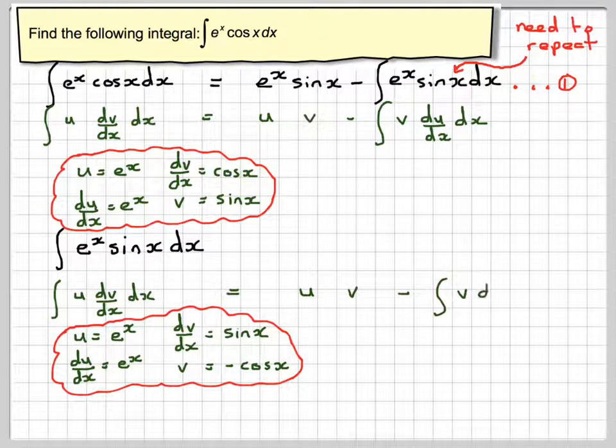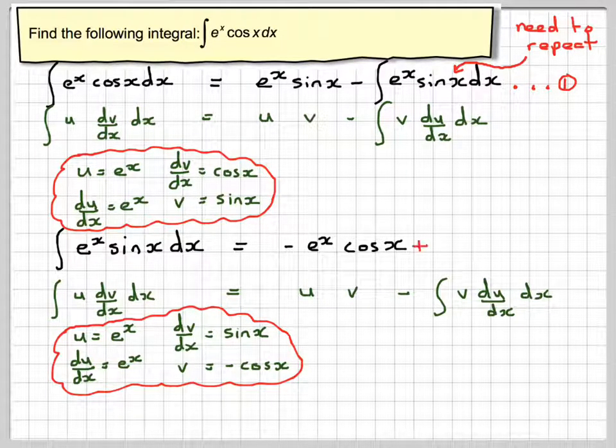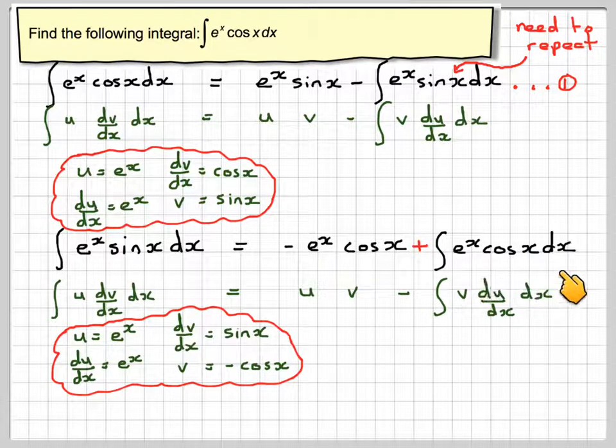So this will now become, using uv minus the integral of v du by dx dx, uv, that will be minus e to the x cos x, minus minus will become plus the integral of e to the x cos x dx.